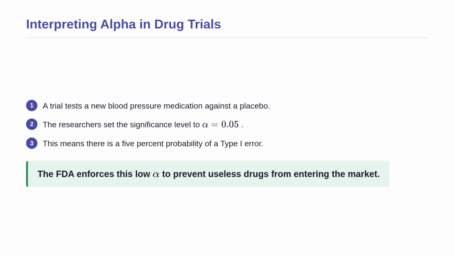In the context of this trial, they have a 5% chance of concluding the drug works and bringing it to market, even though it is actually no better than a sugar pill. Regulatory agencies like the FDA strictly enforce this low alpha value to prevent useless and potentially dangerous drugs from flooding the healthcare system.